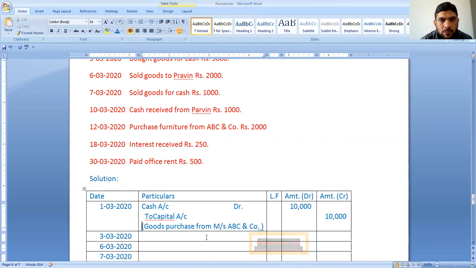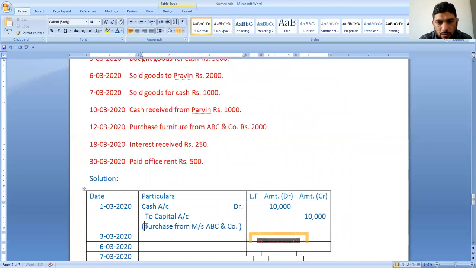Next transaction is for the third March, and before that we have to write here: business started by cash rupees 10,000.